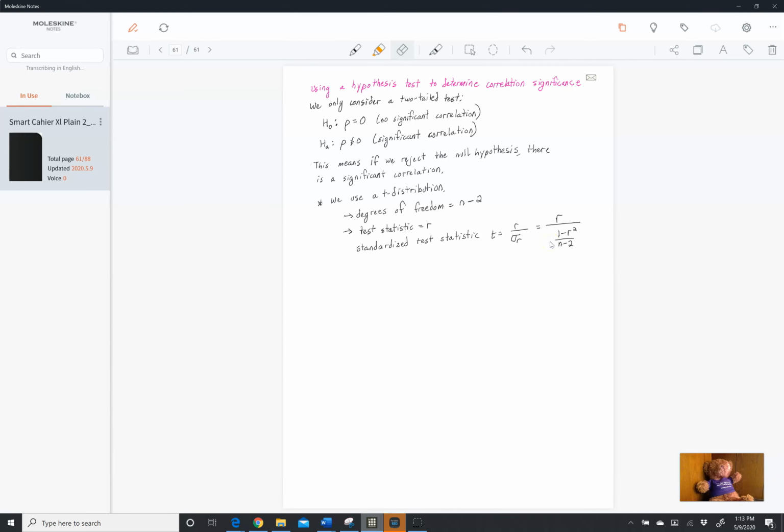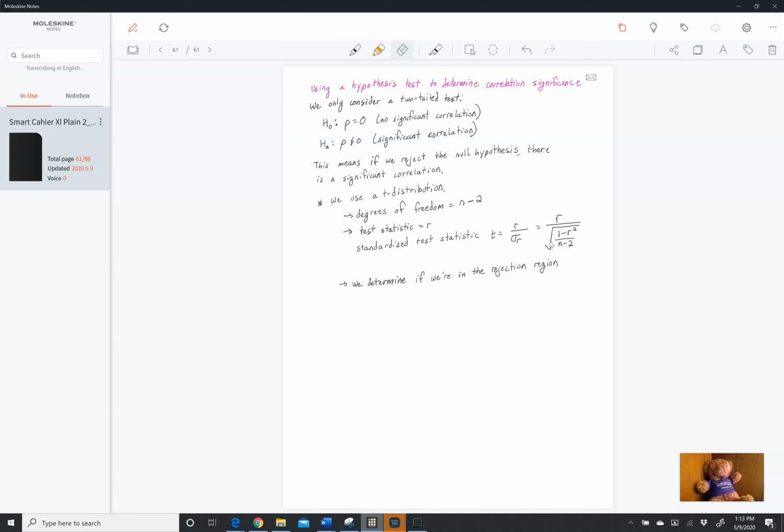I'm going to write it clearly: this whole thing is under the square root. Okay, so we need to determine if we're in the rejection region. We did a whole unit on hypothesis testing, so this should not be new.